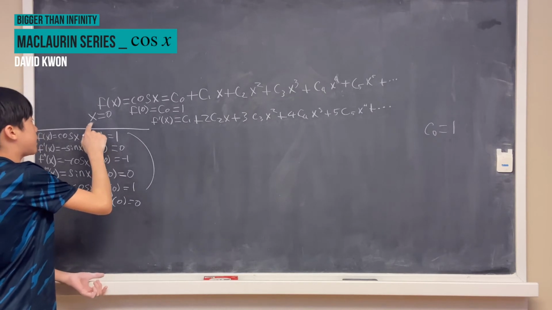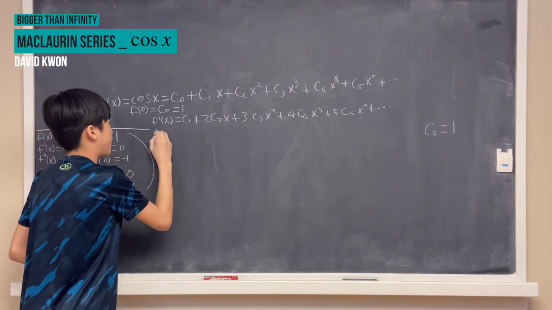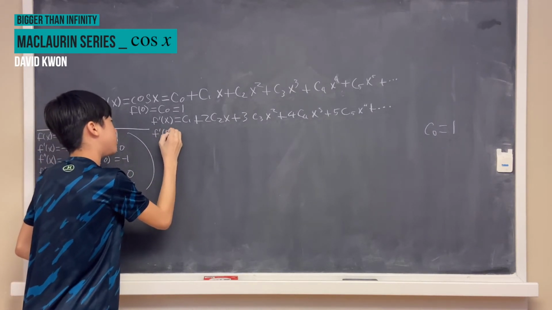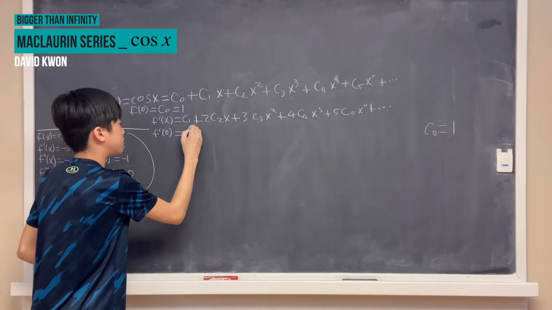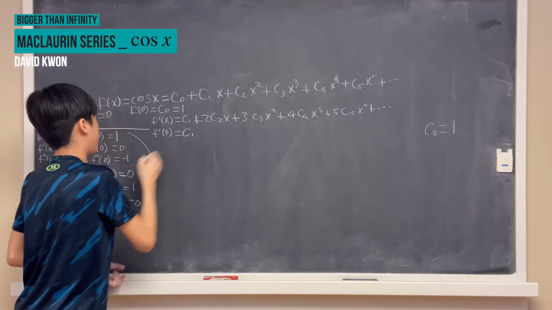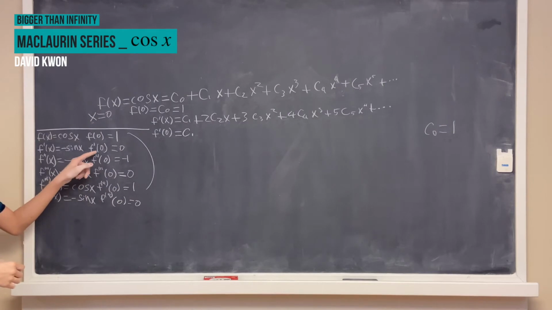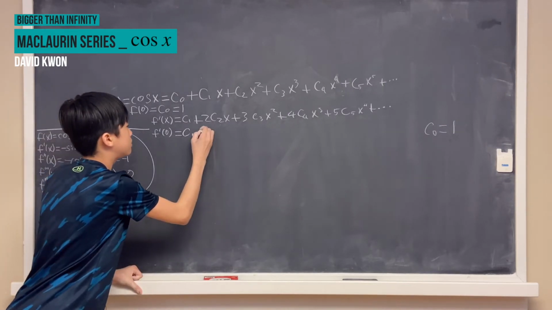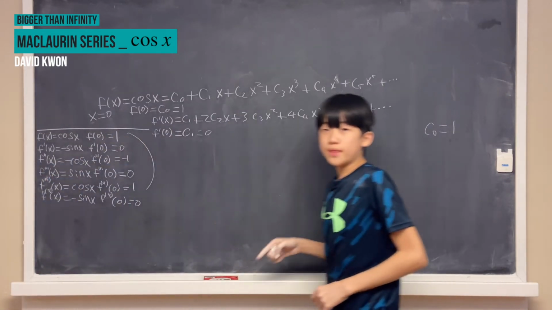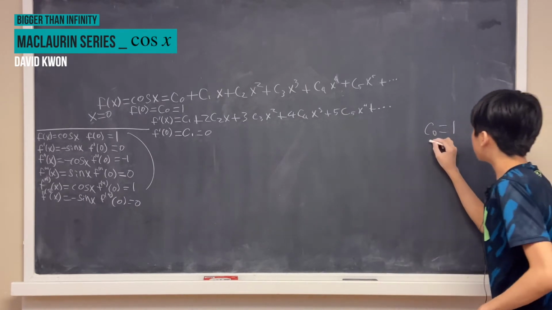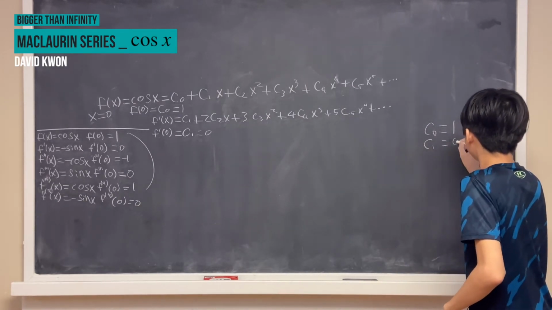Again, setting x as 0, we get f prime 0 is equal to just c sub 1. And here it says that f prime 0 is equal to 0, so c sub 1 is equal to 0.